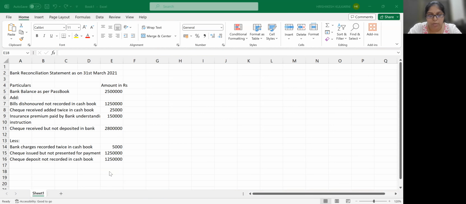Then the last item was about the credit side of the bank column cast short. So it was more. By 5,000 the credit side was showing more. So we will add that item here.